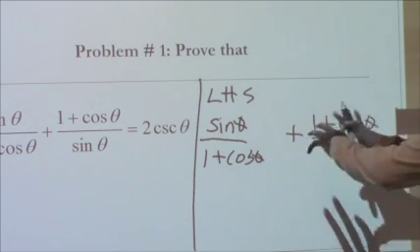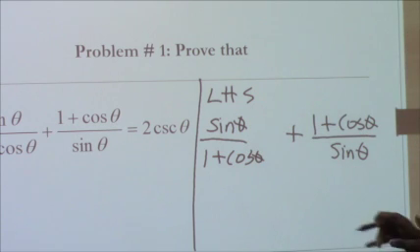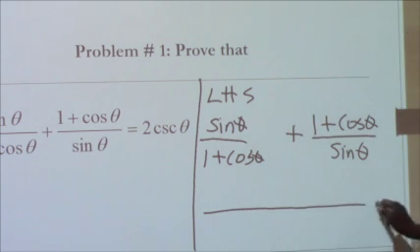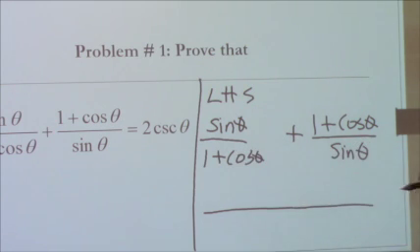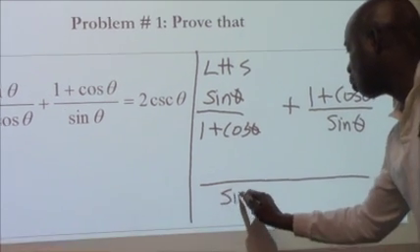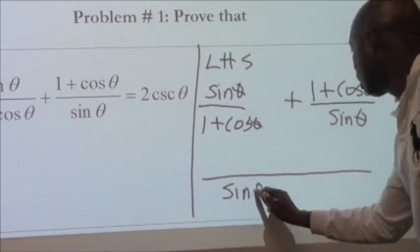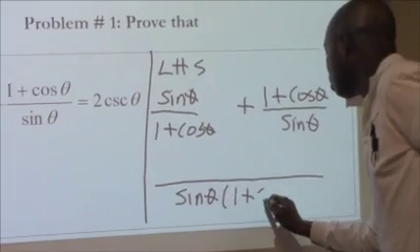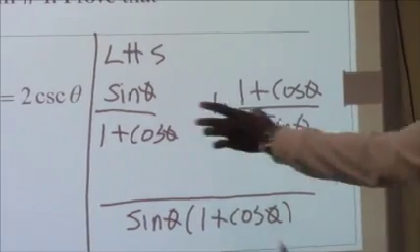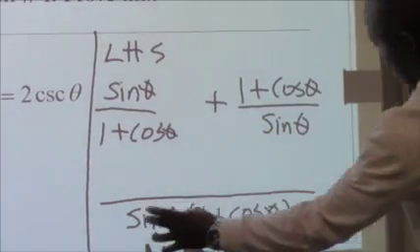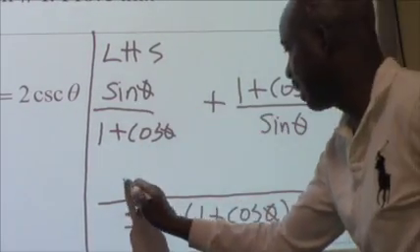So the first thing, we have a fraction, a rational expression here. So let's find the least common denominator and see if we can rewrite this. Well, the least common denominator will just be the product of the two denominators, which just doesn't have anything in common. So it'll be sine theta times 1 plus cosine theta. When I take 1 plus cosine theta into here, I'm left with just sine theta times sine theta.